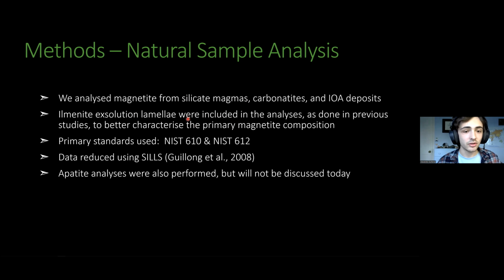Since we also ended up using literature data, we decided to include the ilmenite exsolution in the magnetite analysis, as was done in previous studies, like in our literature data, to get a better comparison between our data and the literature data. We also did analyze other phases we found within these magnetites, but they're not very relevant to what I'm talking about today.